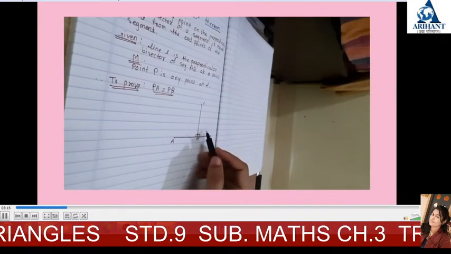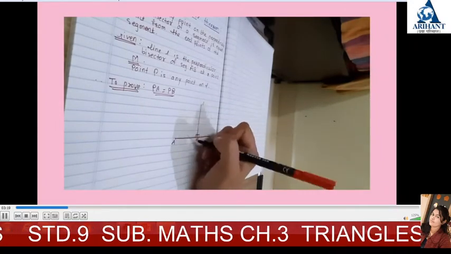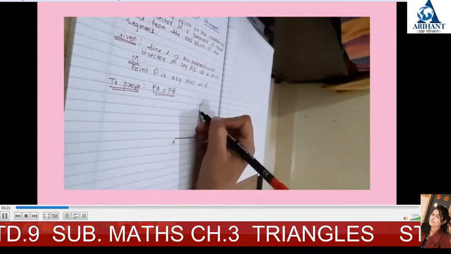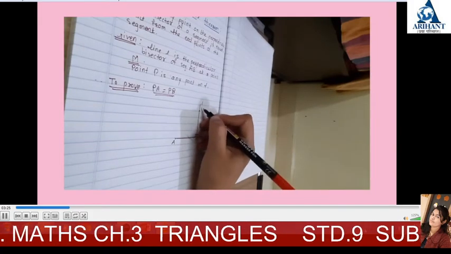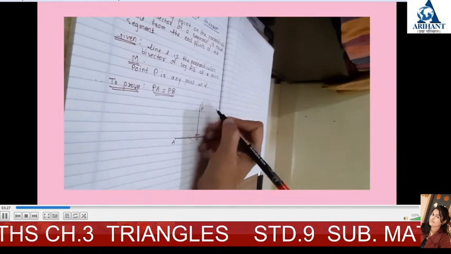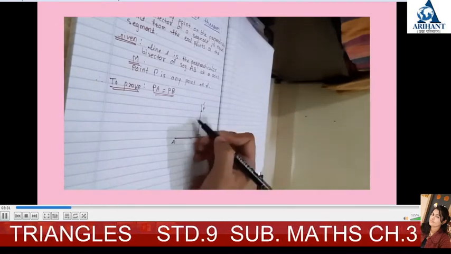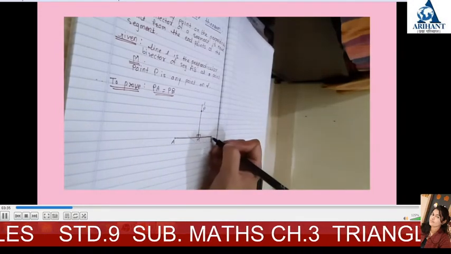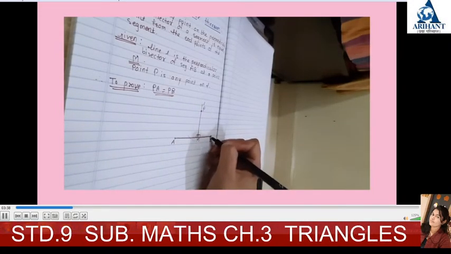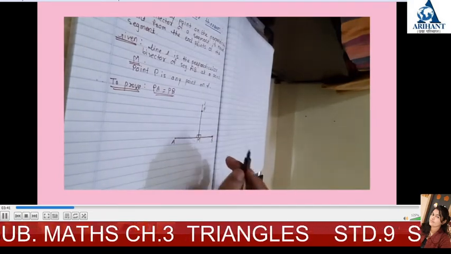Also given is that any point from line L, let's give it the name P, is equidistant from the endpoints of the segment AB.